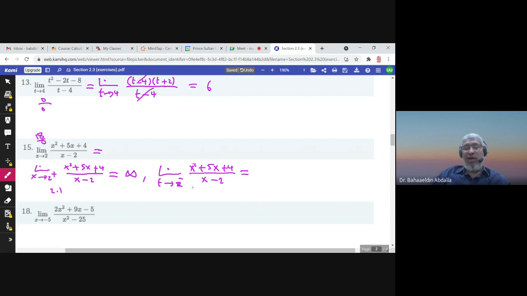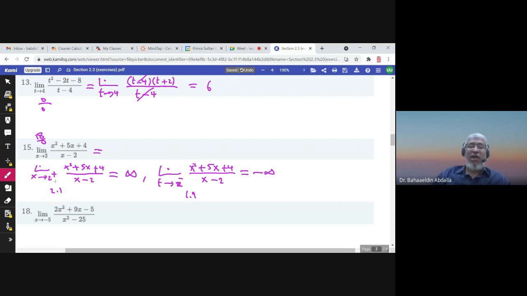So how to find out? I replace x now by a number less than 2 because we are approaching 2 from the left. So 1.9, for example, the numerator would be positive, the denominator would be negative. So this quantity will go to negative infinity as x approaches 2 from the left.